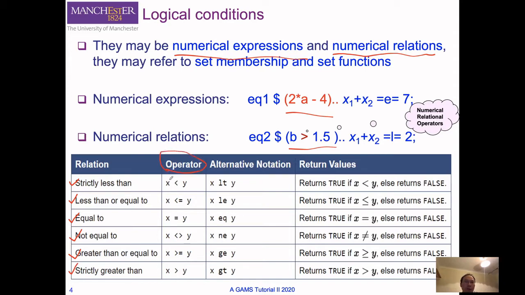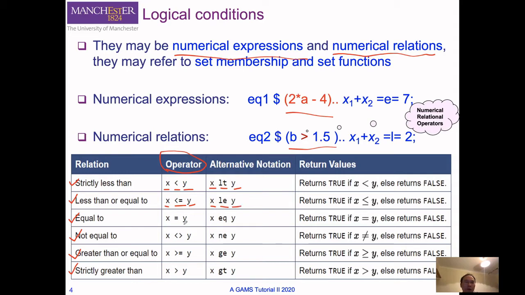For instance, if x is strictly less than y, then we should write x less than y, or we can write x LT y. If x is less than or equal to y, then we should write x less than or equal to y, or we can write x LE y.